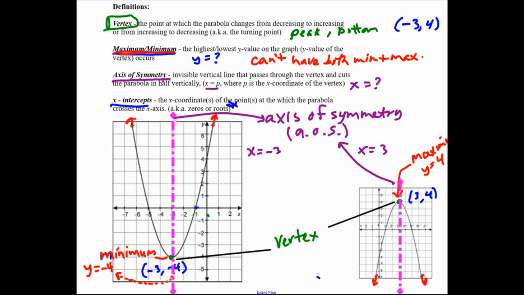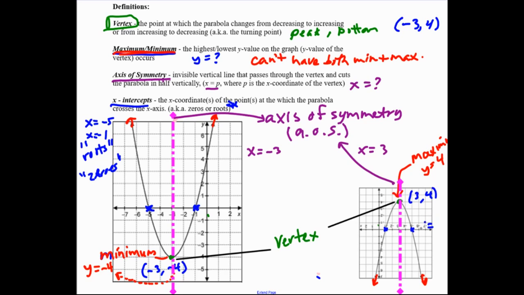Here is one x-intercept. You remember x-intercepts from when you were graphing straight lines and where it crossed. So the roots are x equals -5, x equals -1. Again, these are called the roots, or they're called the zeros. Where are they on this side? Right here and right here.